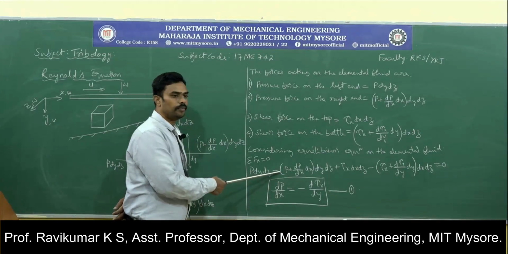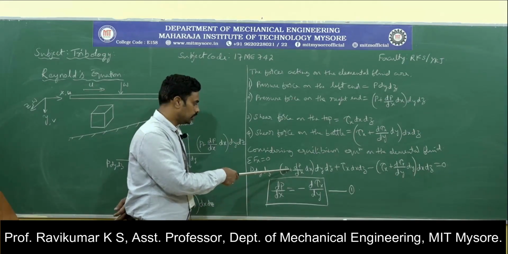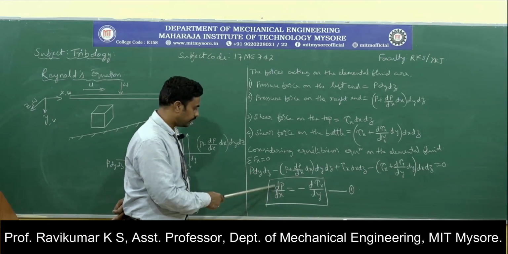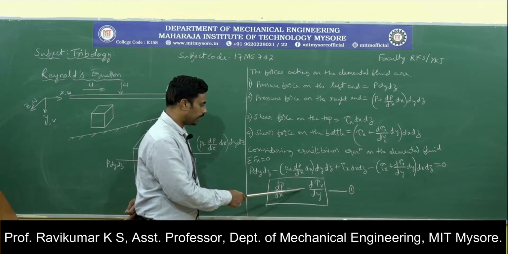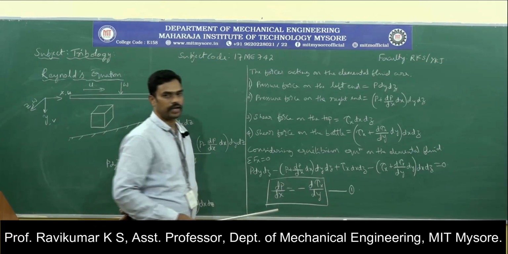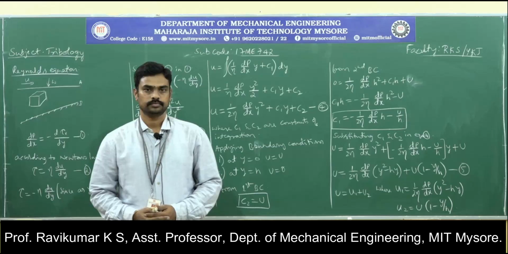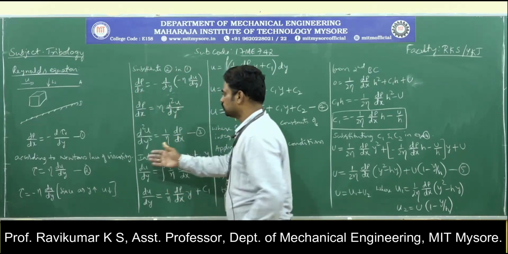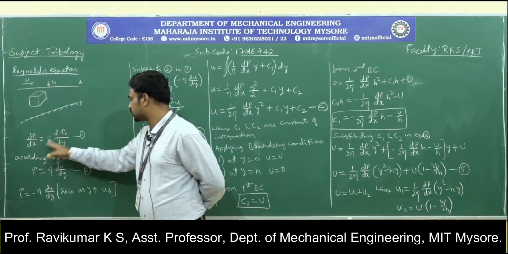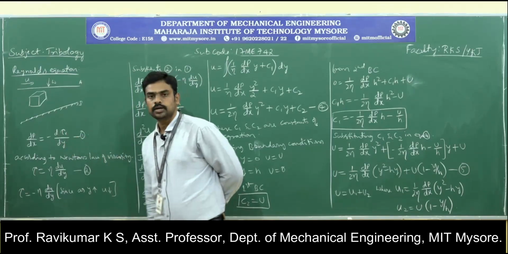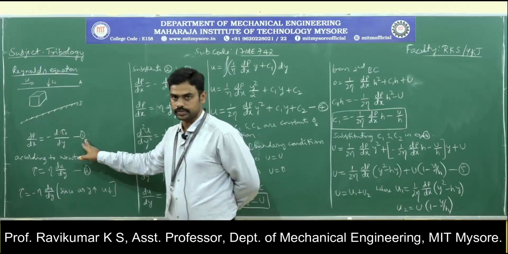So with some simple mathematics, you will end up with dp by dx is equal to minus d tau x by dy. I will call this equation 1.